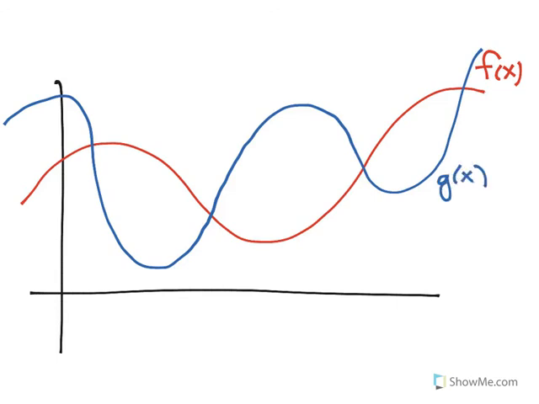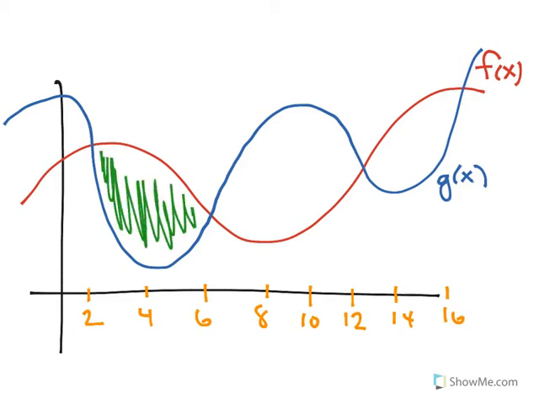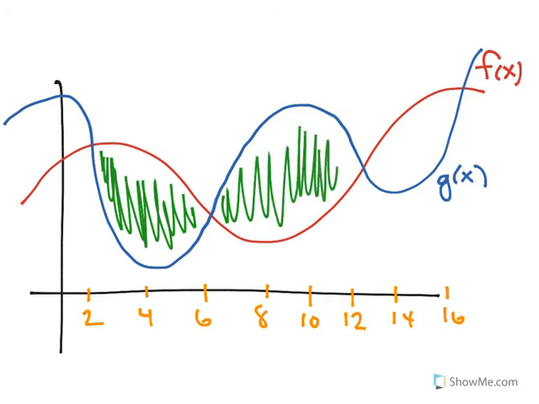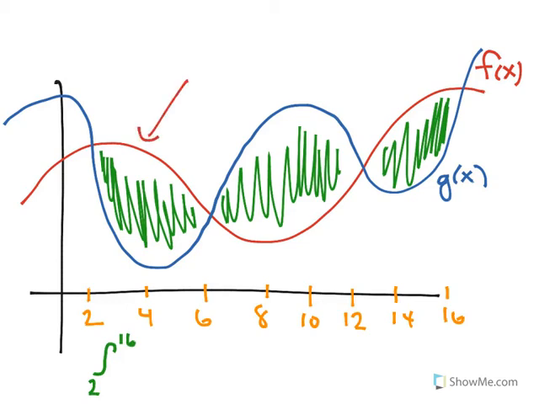And I ask you to find the area trapped between the two curves. Well, there's 3 regions where the area is trapped. Here, here, and here. I can't integrate this function all the way from 2 to 16 at one time, because in some spots one graph is on top, the red graph is on top here, and in other spots the blue graph is on top.